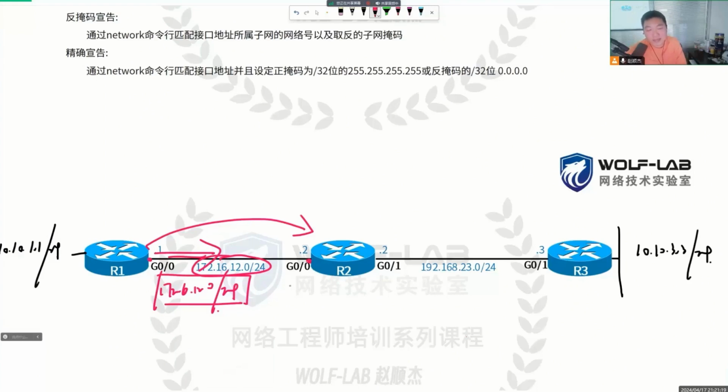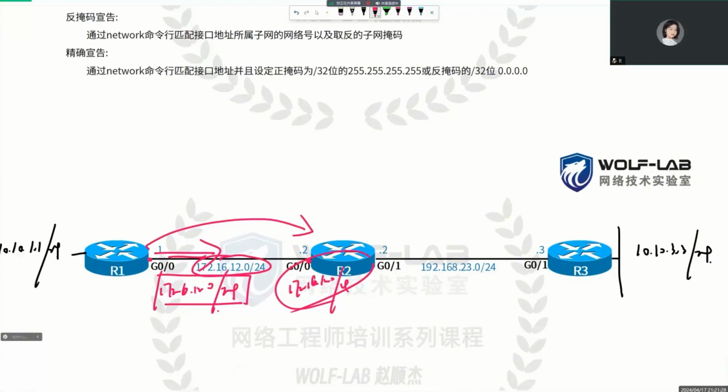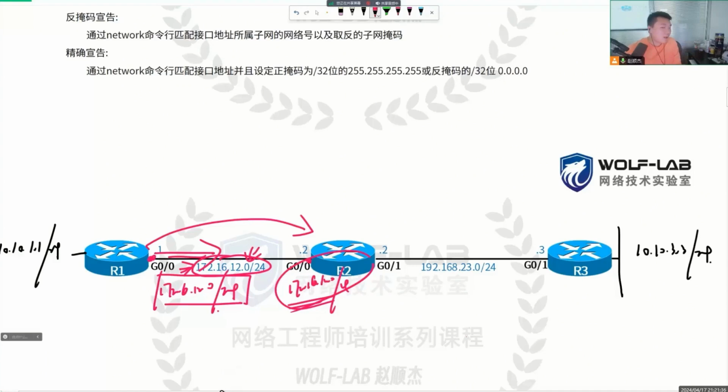Doesn't he also have 172.16.12.0? R1 has 172.16.12.0 as a direct route. You say R2 won't have it? He's also connected to the network. We are establishing a neighbor relationship. He's also connected to 172.16.12.0/24. Do we need to repeat this network route entry to R2? No need, he has it, students.